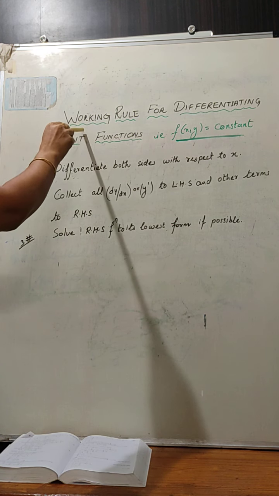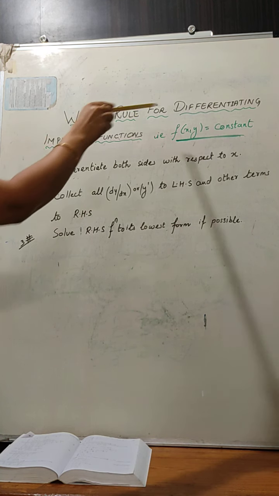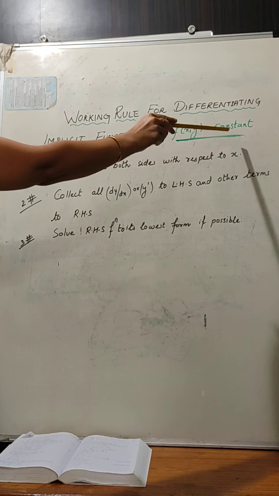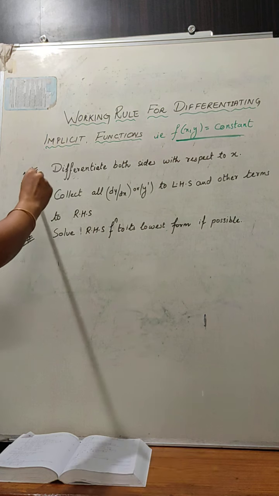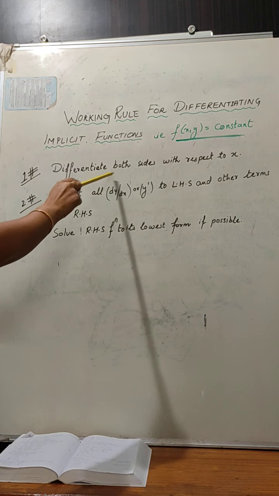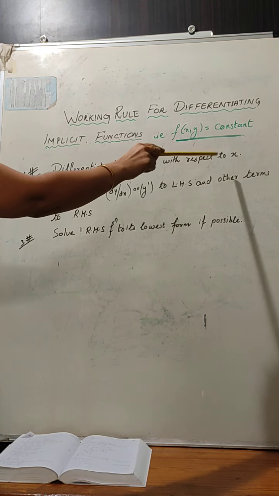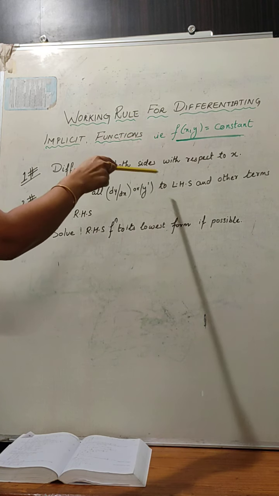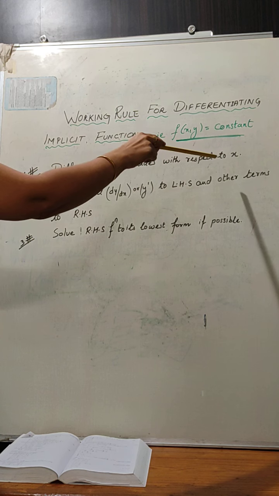Here is the working rule for differentiating an implicit function, that is f of x, y equal to constant. This is the pattern. First, differentiate both sides with respect to x. That means whatever equation we have been given, we differentiate both sides with respect to x.